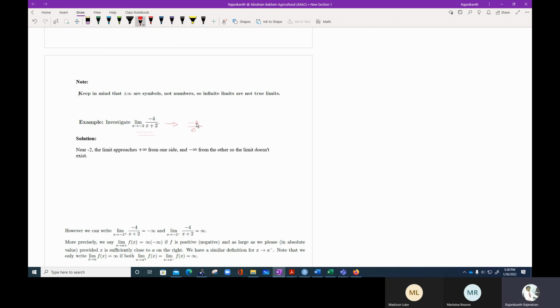We all know any number over 0 is going to be infinity, so this is nothing but negative infinity. Your question now is, is the function good except at -2? Could you find an open interval containing -2 where the function is good except at -2?